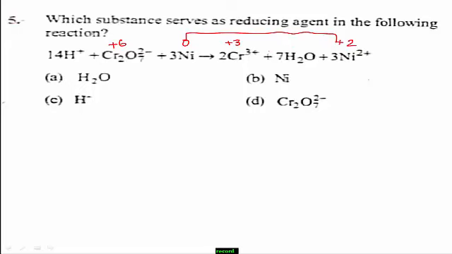That means nickel is oxidized from 0 to +2, right? Oxidation takes place in the presence of a reducing agent. Therefore, here nickel acts as a reducing agent. Nickel is oxidized from 0 to +2, therefore it acts as a reducing agent. So, option B is the right answer.